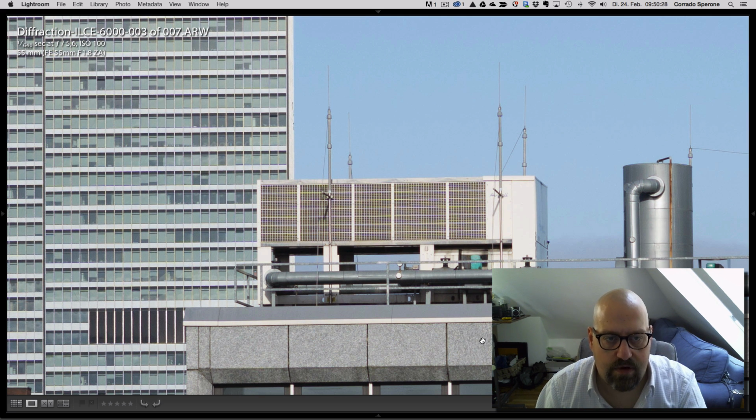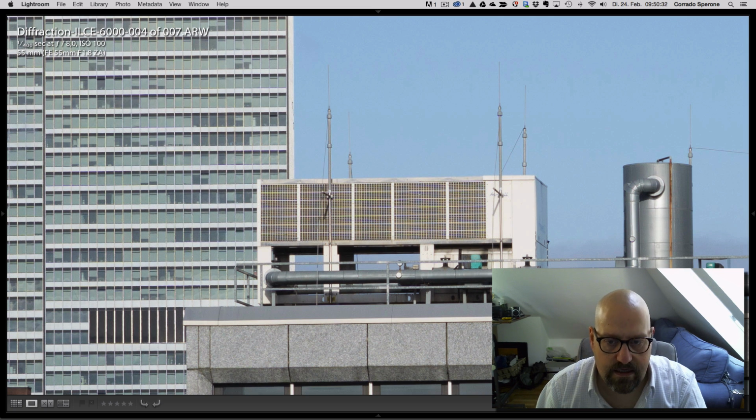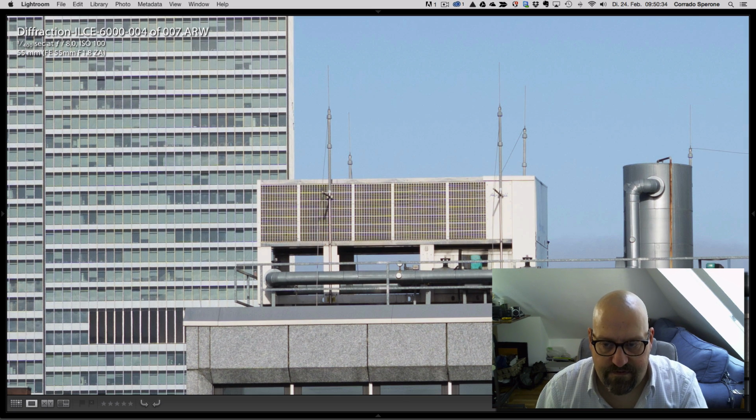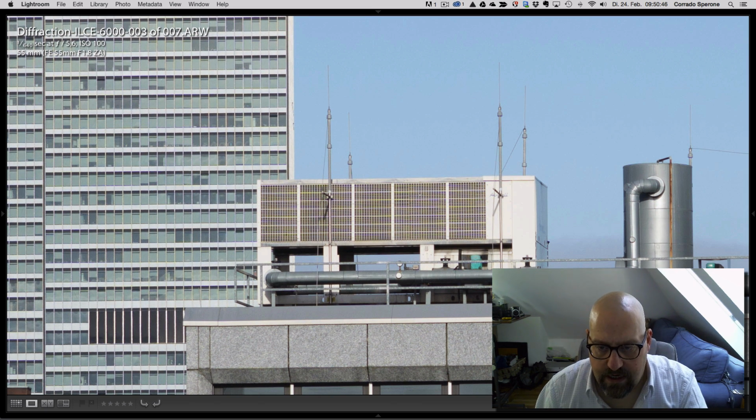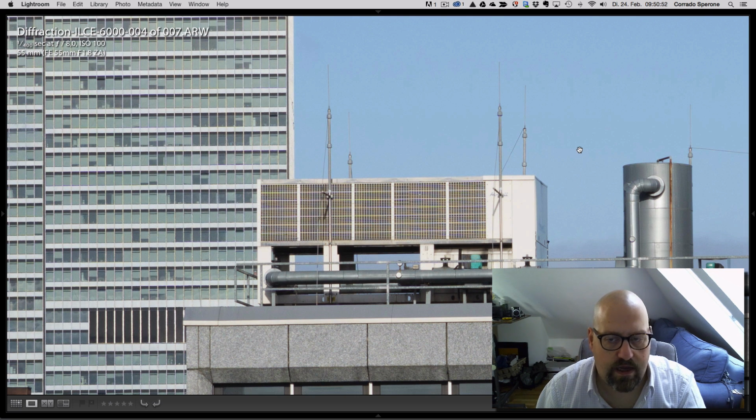And if we go up to 8.0, somewhere between 5.6 and 8.0, you really have the sweet spot of this lens sensor combination. The structure is probably even better at 5.6, but it doesn't degrade so strongly going up to 8.0.